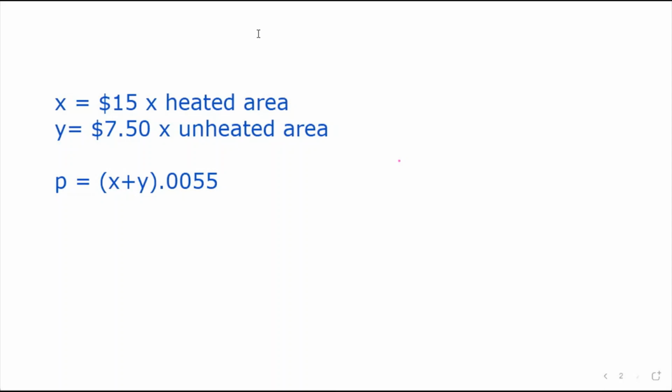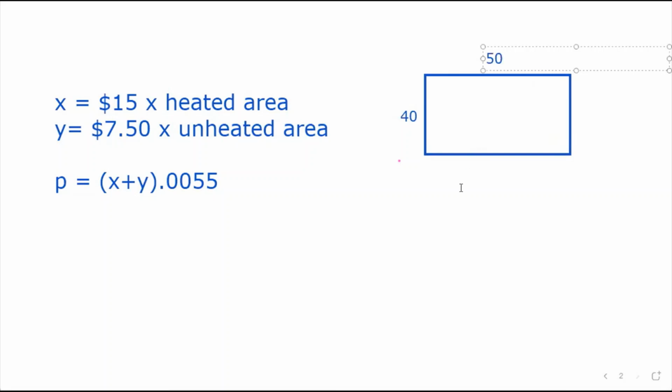So now, just to get a visual representation of this, I looked at a rectangular shaped house. And this house was actually, I think it was 40 feet long and 50 feet wide. But I remember it had a garage, a two-car garage that was 20 by 20.